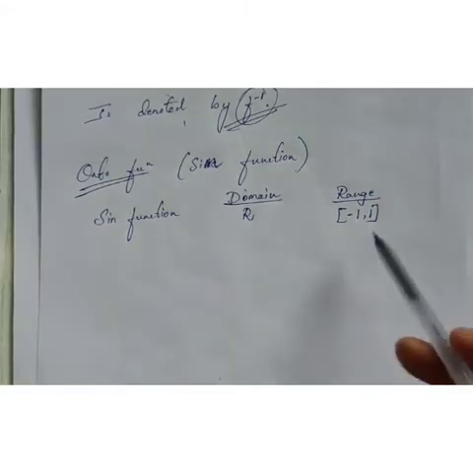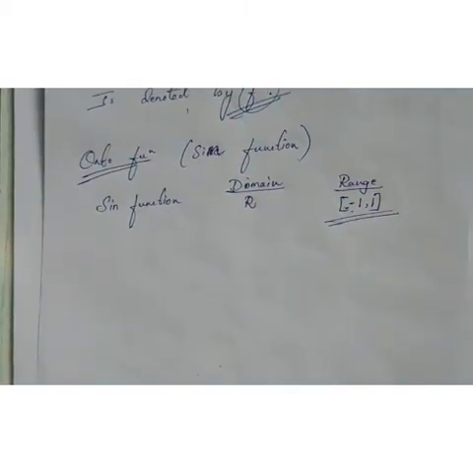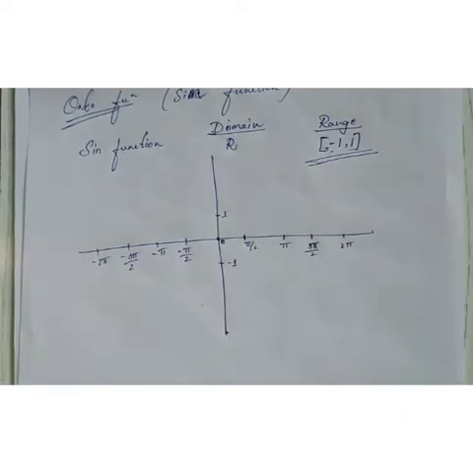So what does it say? The value of the sine function does not go below -1 and does not go above +1. So the range of the sine function is -1 to 1. Let us consider the graph of the sine function first. We know that sine 0 will be 0.